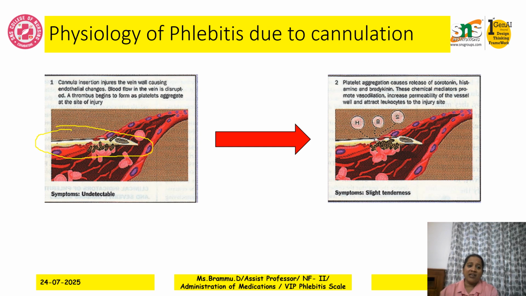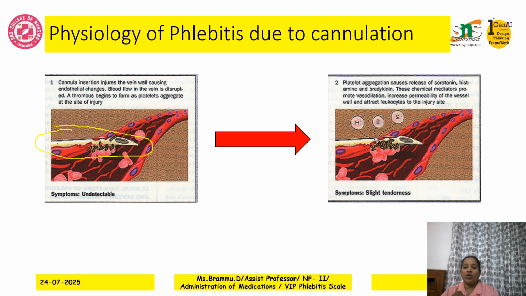During cannulation it is actually injuring the vein, which causes some endothelial damage. This endothelial damage will cause a disruption in the blood flow. Disruption in the sense that there is a hindrance in the blood flow. You can see a thrombus starting to form due to platelet aggregation at the site of injury.